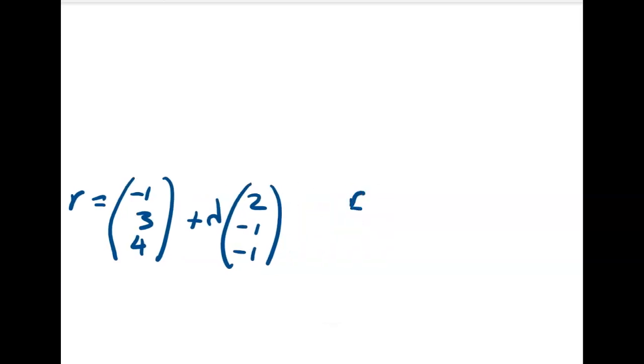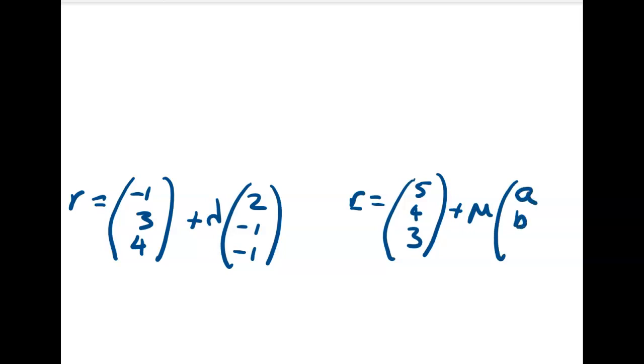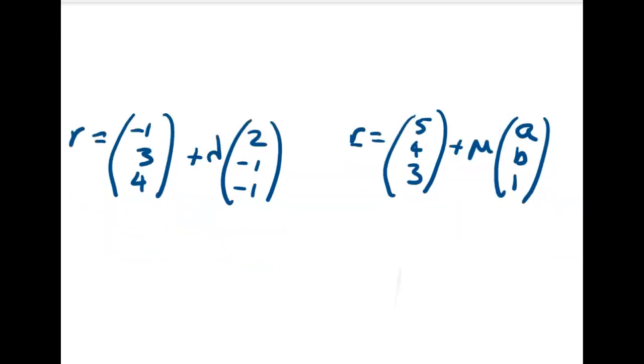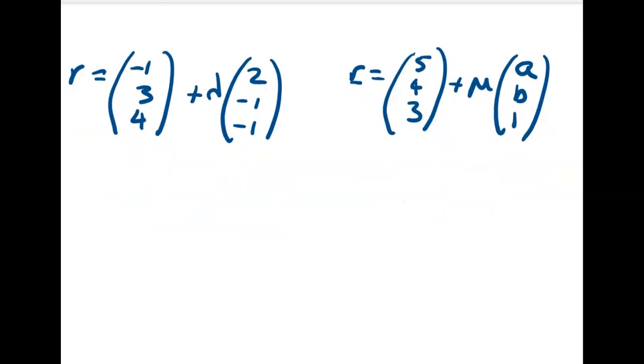And for the second line, line M, we can write it as (5, 4, 3) plus mu times (a, b, 1). So if they intersect, then there has to be a set of lambda and mu values that make all three of these equations true.